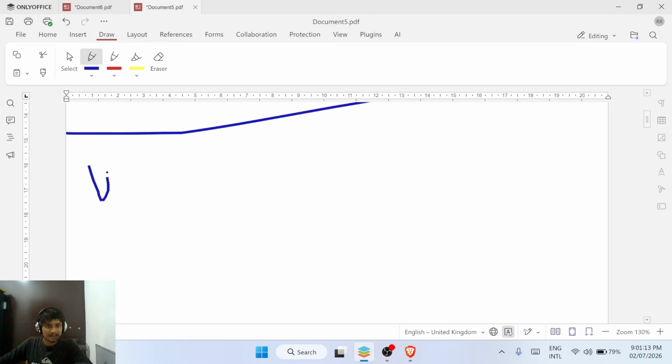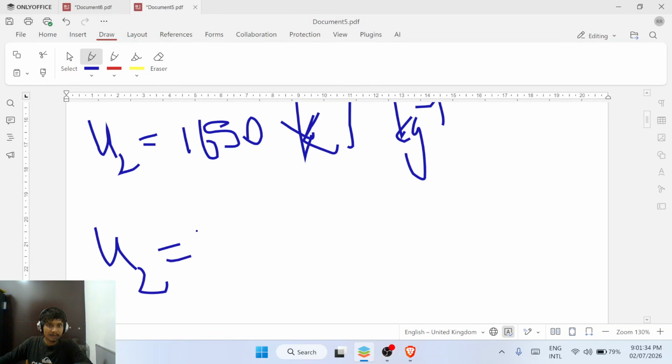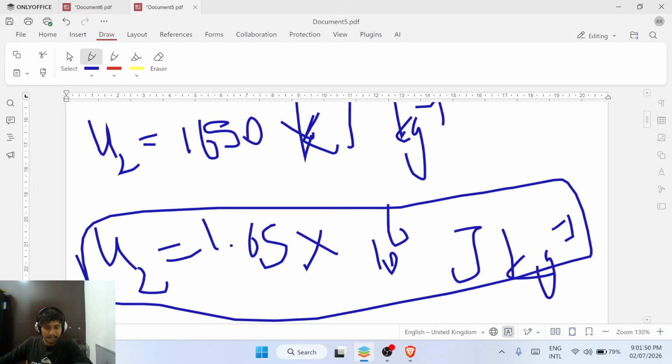Therefore, U2, small u, is equal to 1.65 into 10 to the power 6 joule per kilogram. This is the internal energy at the final stage.